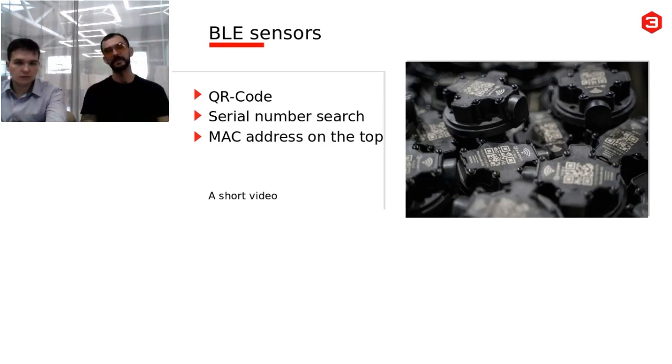But this is all in the future. And we have added the MAC address on the top, so that it would be more accessible if you needed to make adjustments in your tracker.